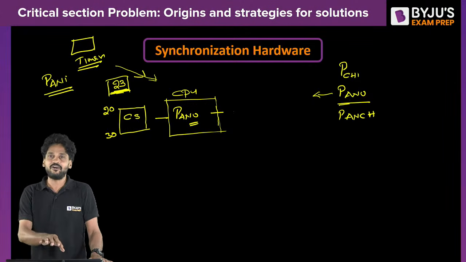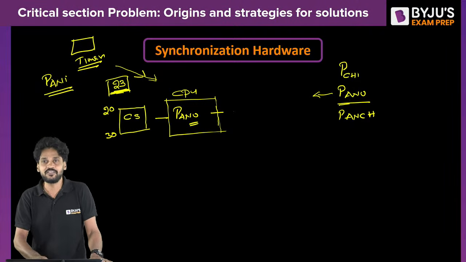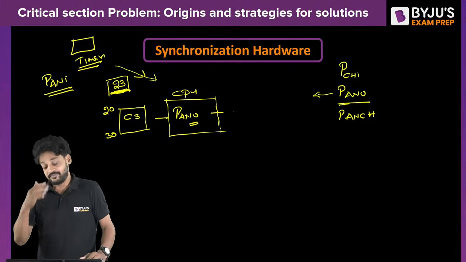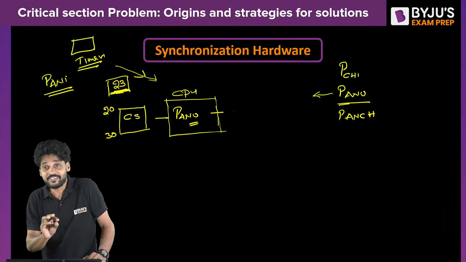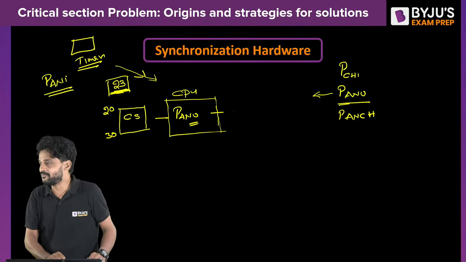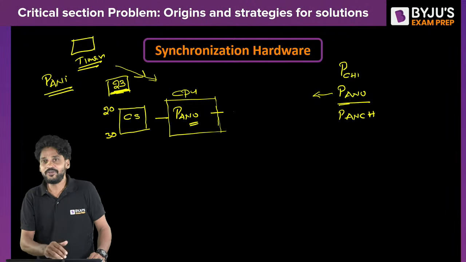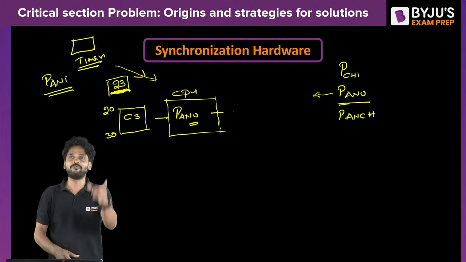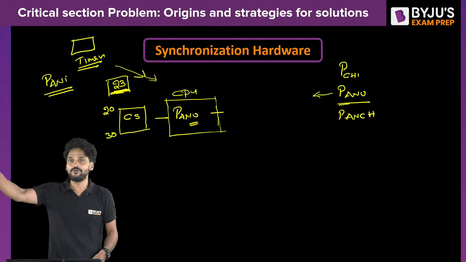The origin of the critical section problem is preemption. The origin of the critical section problem is interrupt. I hope it makes every sense. So here I want to address the exact origin. I don't want to go for locks. I don't want to go for semaphores.